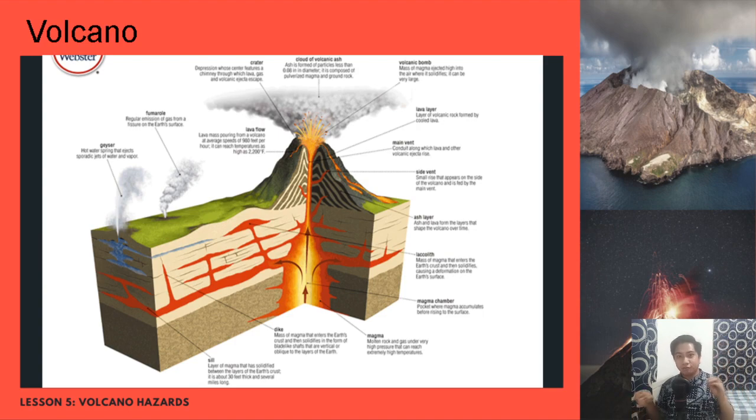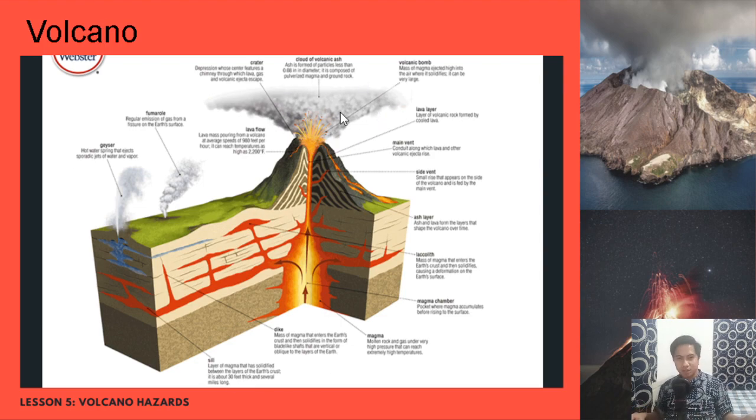So remember, in your fumarole, most of the emitted substance is gas. In your geyser, most of the emitted substance is liquid, a spray or fountain of water.